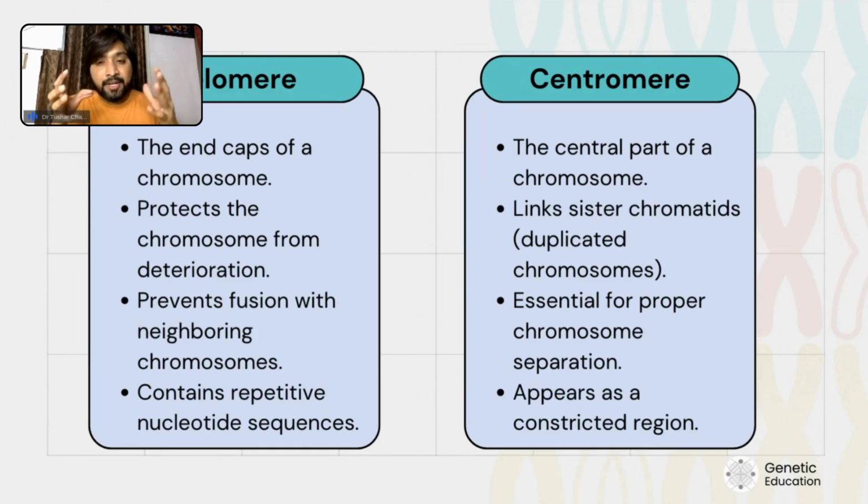The repetitive sequences present in the centromeric region are very tightly packed, so no enzyme can be involved in the process of transcription. That means the DNA present on the centromeric part cannot participate in the transcription process effectively.